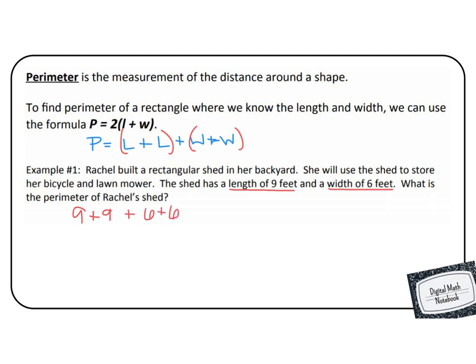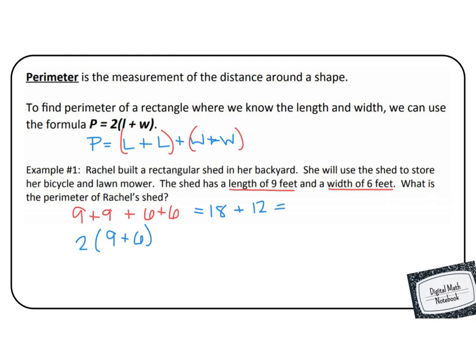Let's see if we can group that a little bit better. How about 2 times, that's touching, that means they're times, 2 times 9 plus 6. Let's see if we get the same answer. 9 plus 9 is 18. And 6 plus 6 is 12.